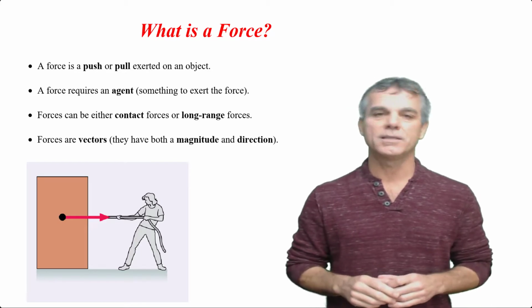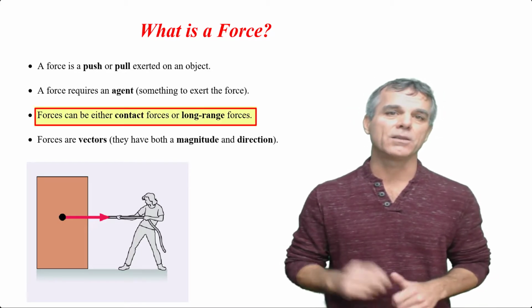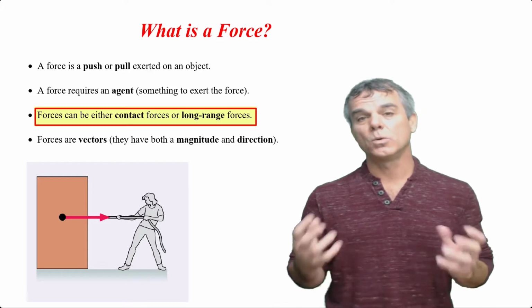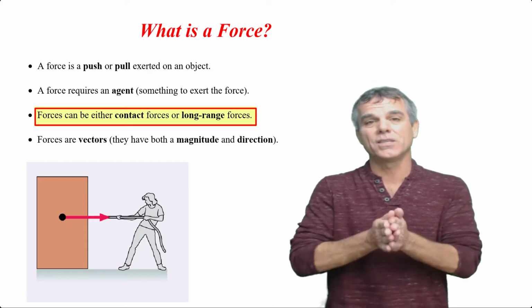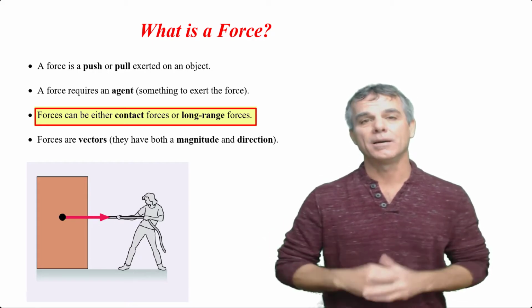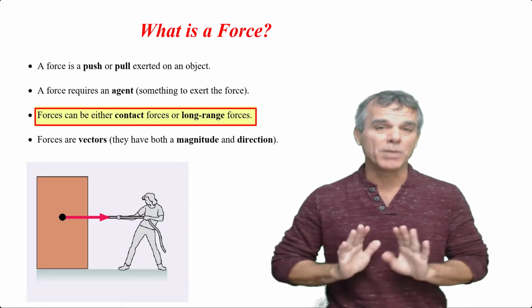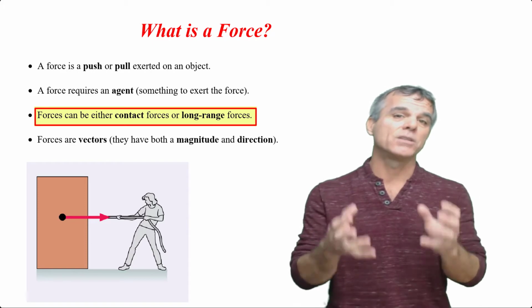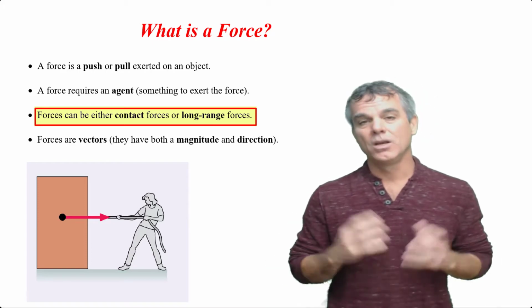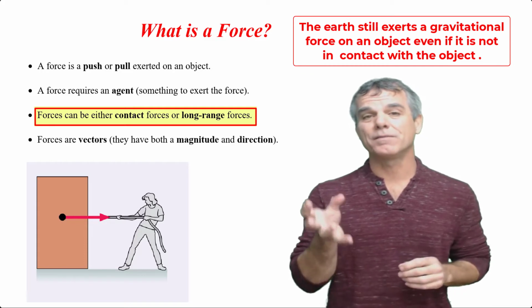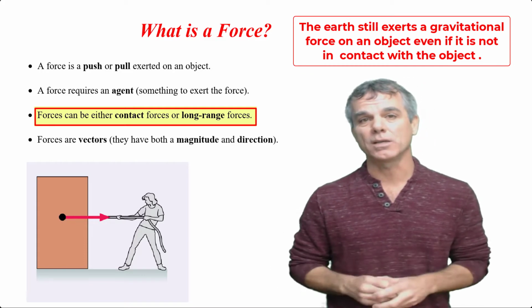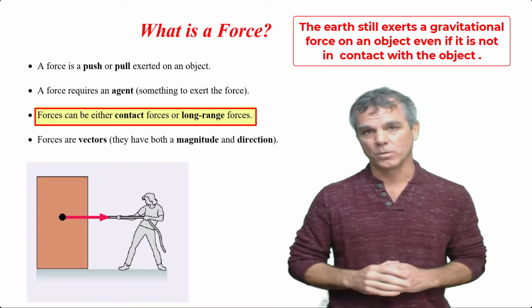Forces can generally be classified into one of 2 types, either contact forces or long-range forces. In a contact force, the agent is actually physically touching the object. So for example, I may push a box. I'm actually contacting the box. On the other hand, something like gravity, the earth is not making physical contact with the object. We call that a long-range force.